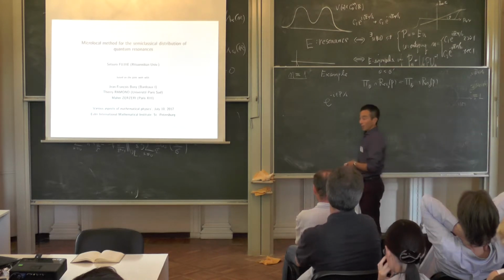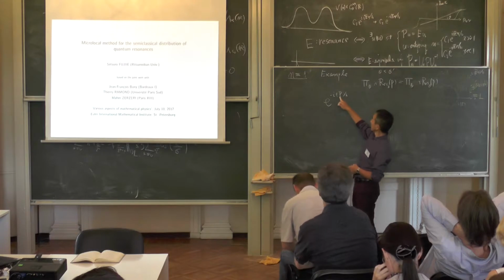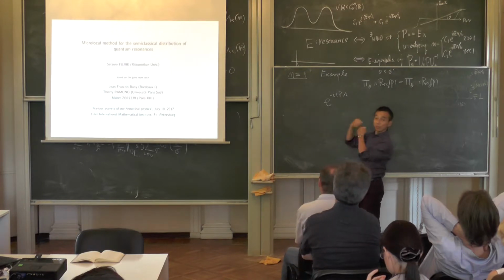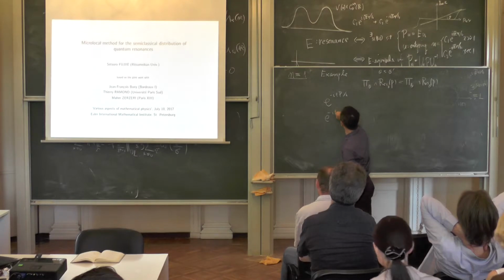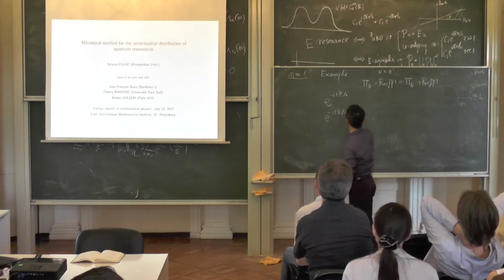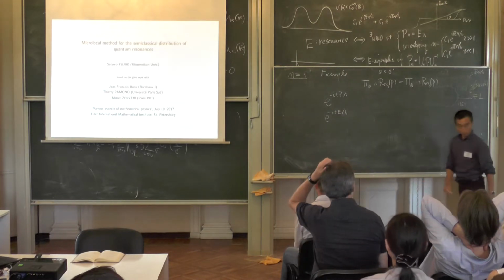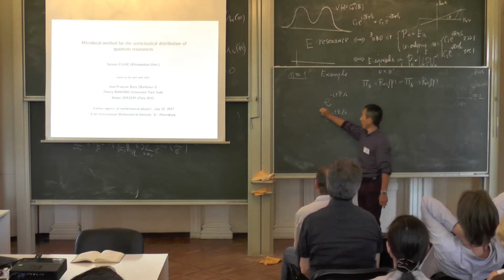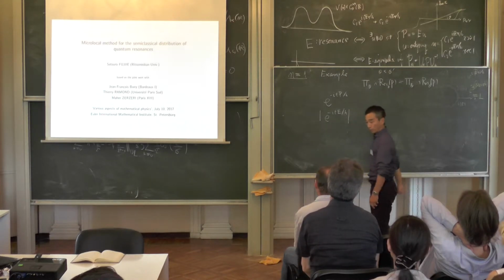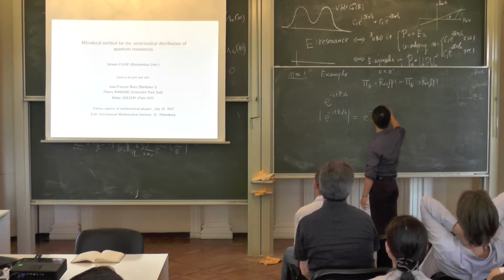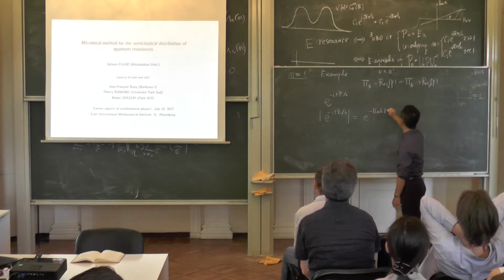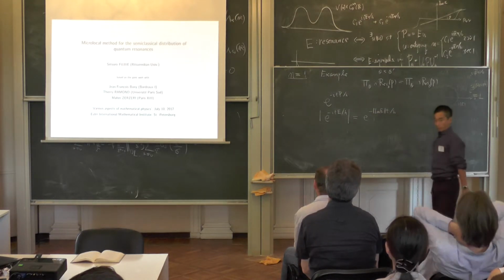And if, at least formally, I replace this P by the resonance E, then we have this complex number. But the absolute value of this number is equal to exponential minus t over h times the imaginary part.